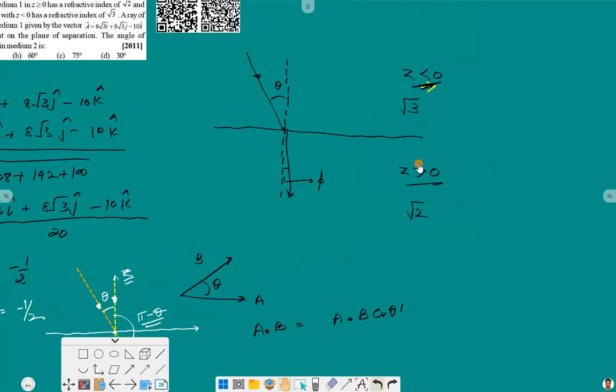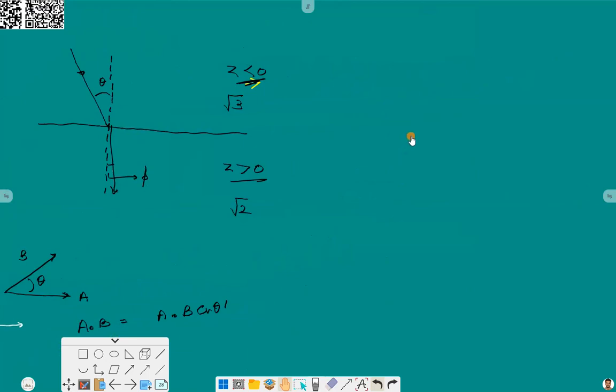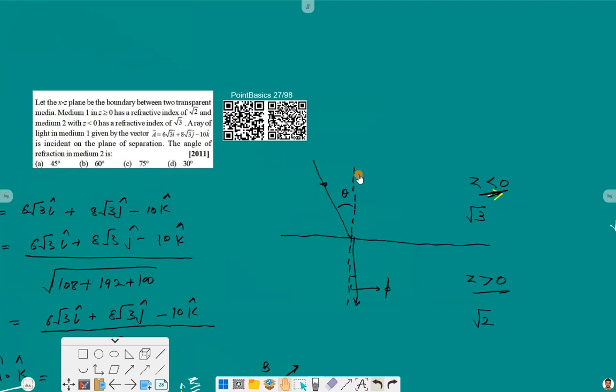Now we can apply the law of refraction here, Snell's law basically. So what we will get? We will get root 2 sine of 60. Oh sorry, wait a minute, let me check that. A slight correction here, that we have to reverse the axis. Why? Because light is incident in medium 1, and medium 1 is in z greater than 0.